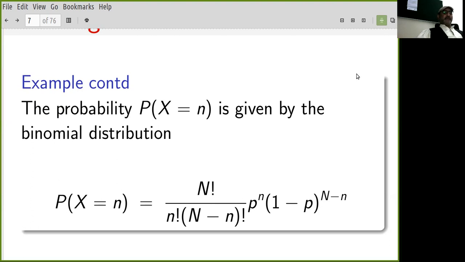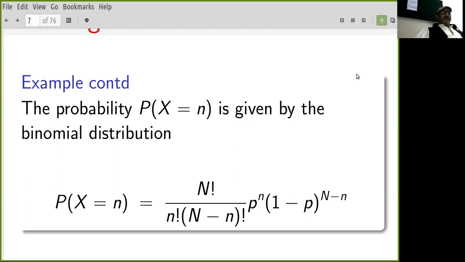So divide by small n factorial. And capital N minus small n of them were t's. So you divide by, again, capital N minus small n factorial. And that's just the PMF for the binomial random variable. Okay.